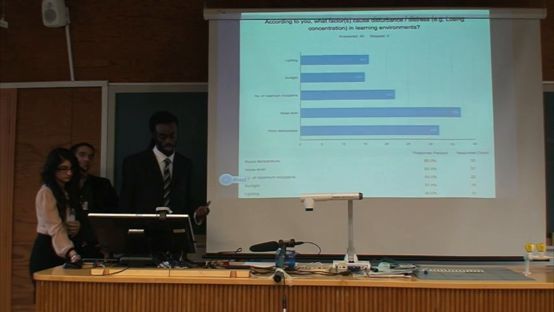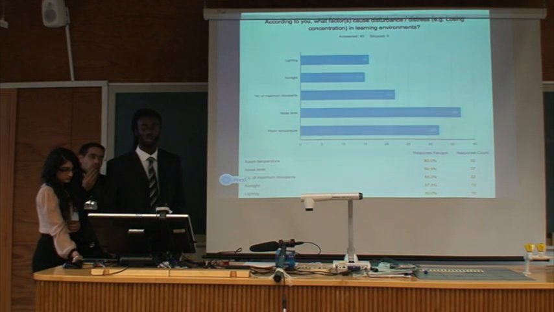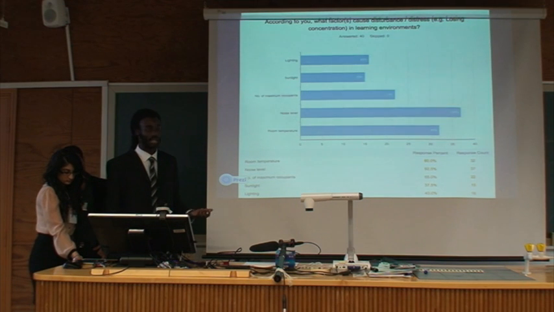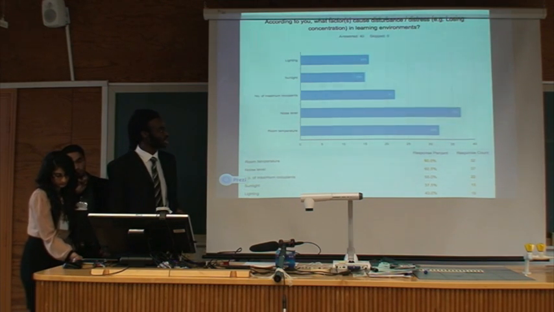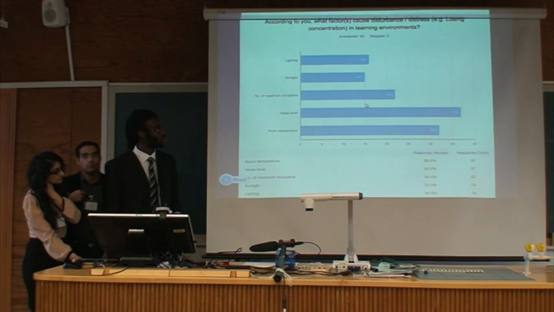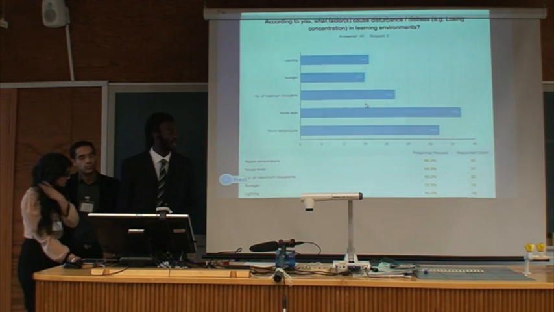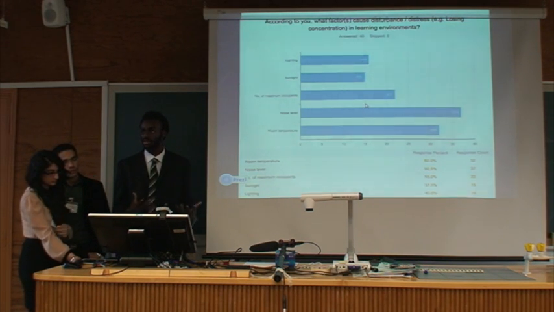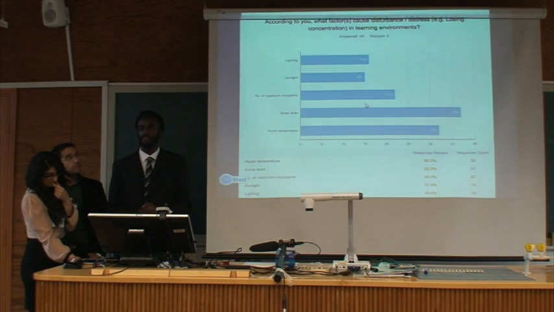In the end, our results showed that 93% of all respondents believe that noise level causes the biggest distraction in a lesson or learning environment, with room temperature also quite high, with 83% causing a disturbance in a learning environment, and this needs to be addressed, of course, using BIM.